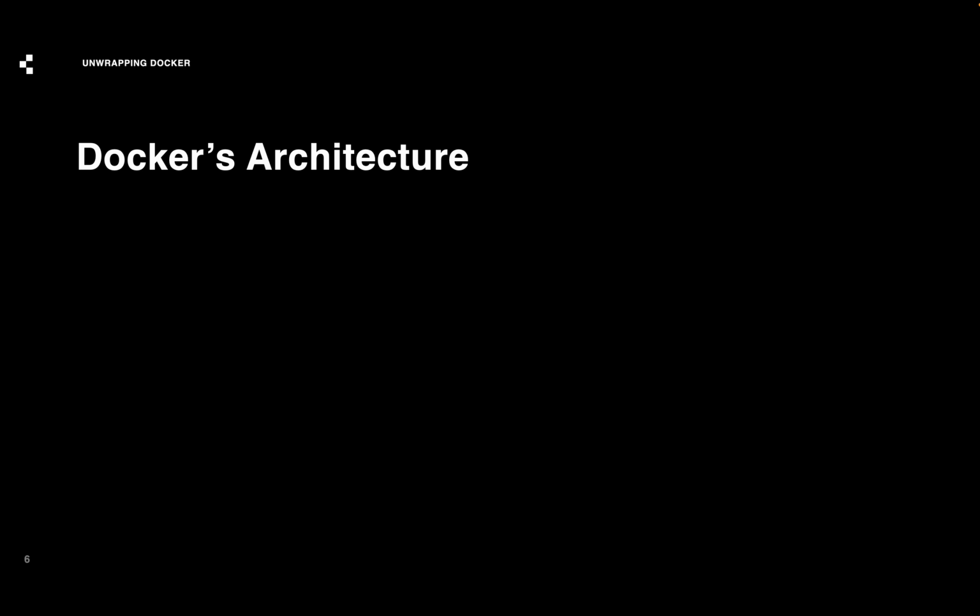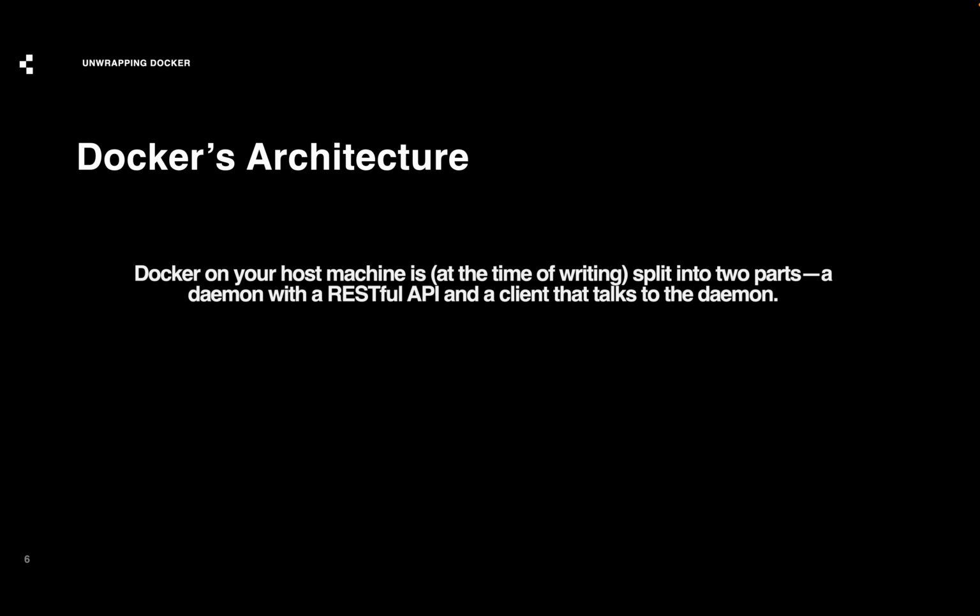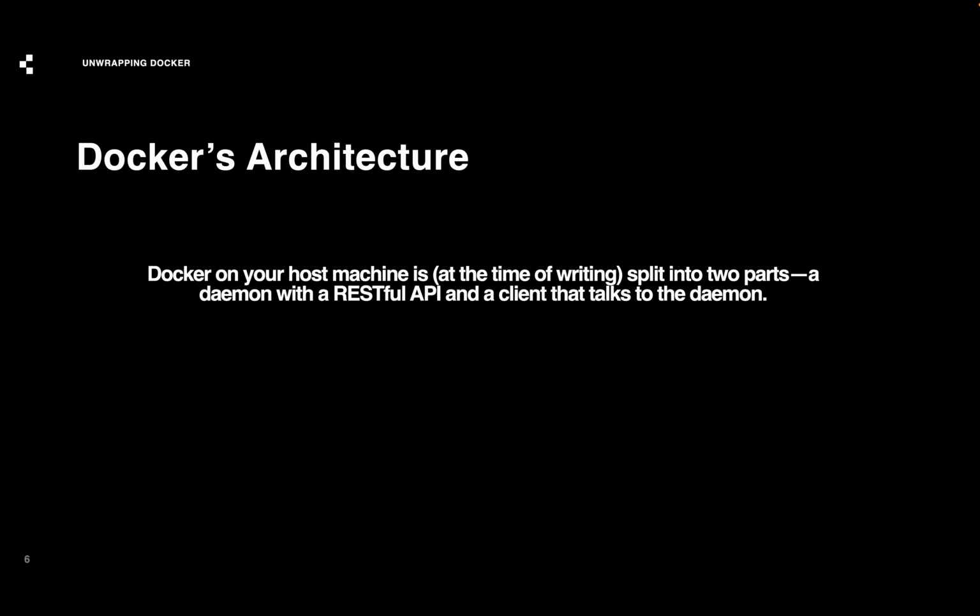Let's understand the Docker architecture. Docker on your machine is, at the time of writing, split into two parts: a daemon with a RESTful API and the client that talks to the daemon. Whenever you install Docker, that means you are installing a server that exposes a RESTful API.